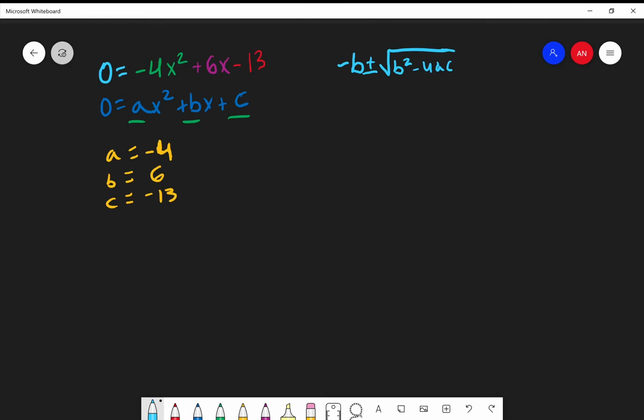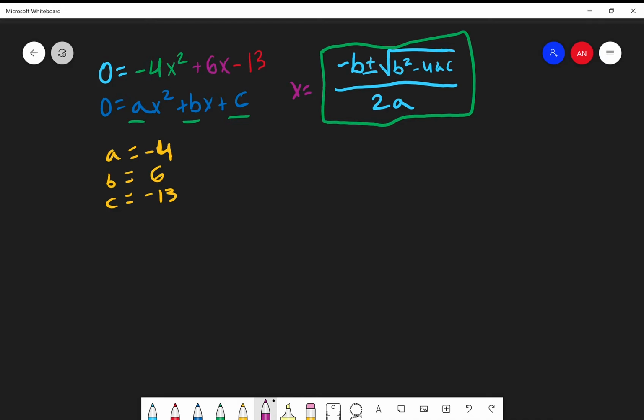All of that is divided by 2 times a, 2a. So that's the formula, and that whole thing is equal to x.